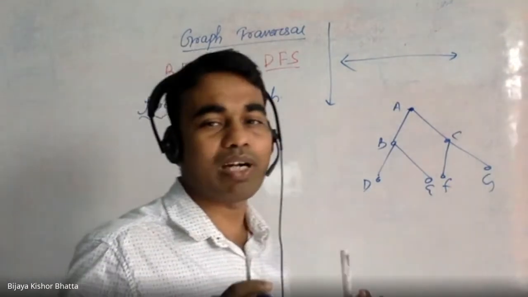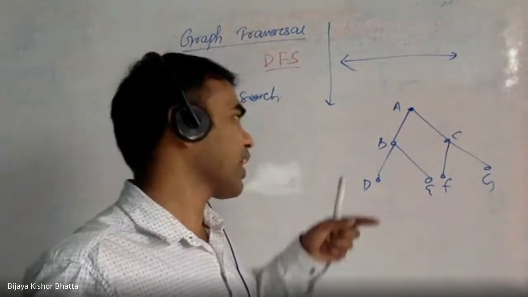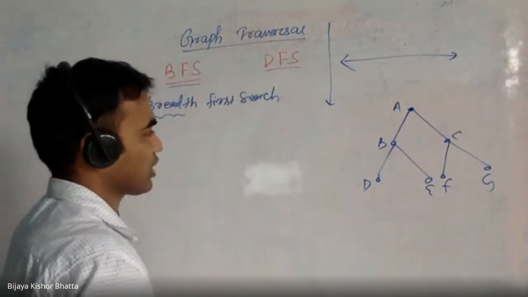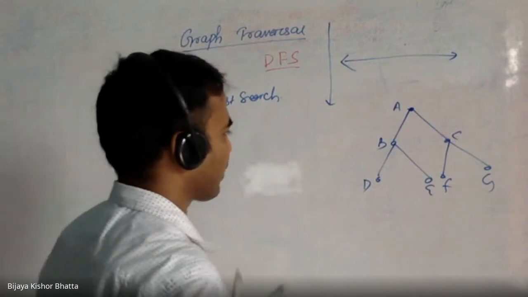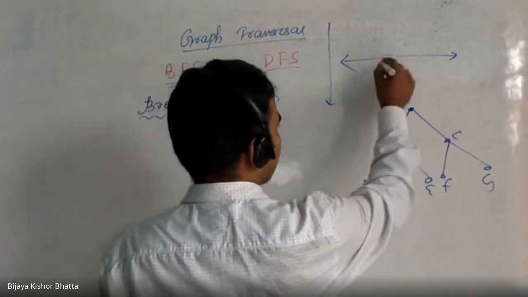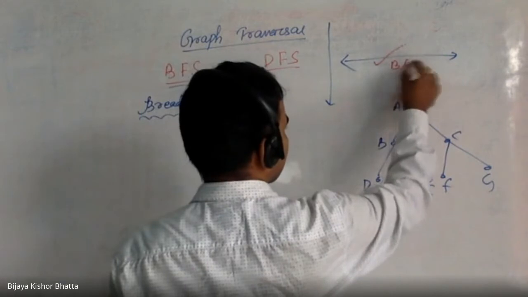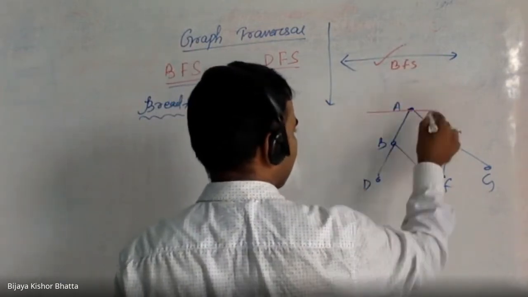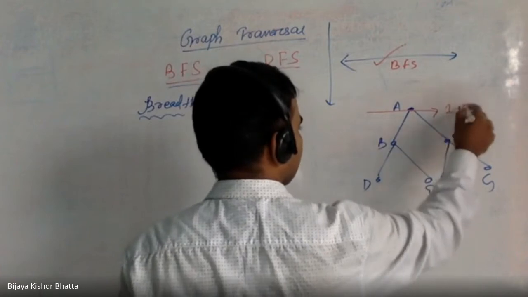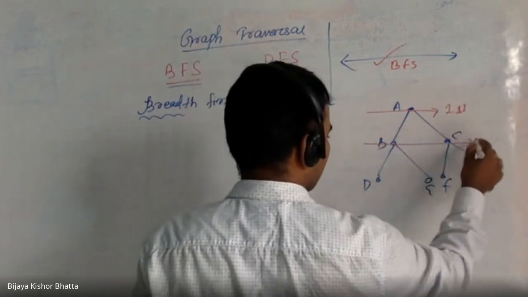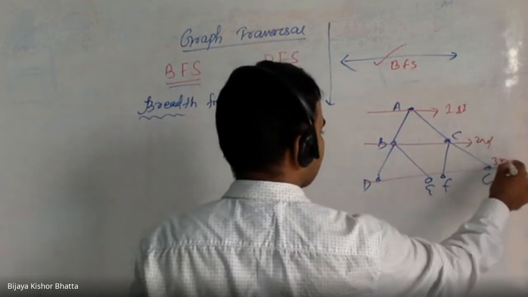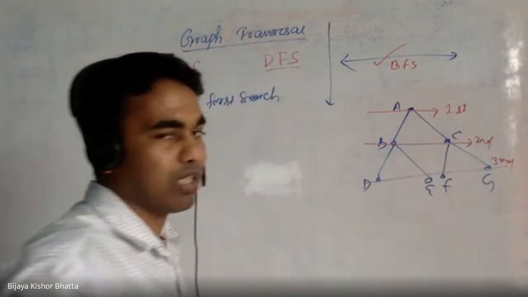Roughly, I need to traverse breadth wise. That means I will complete this first level first, then I will go to the next breadth, which is the second, then the third. That is how I will keep on traversing breadth wise.